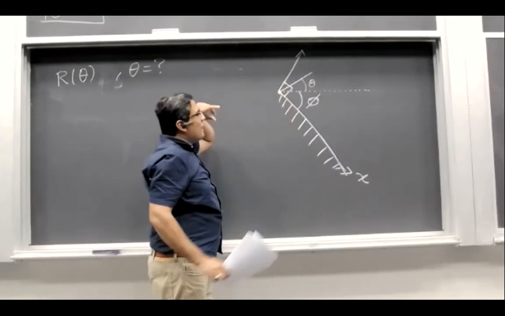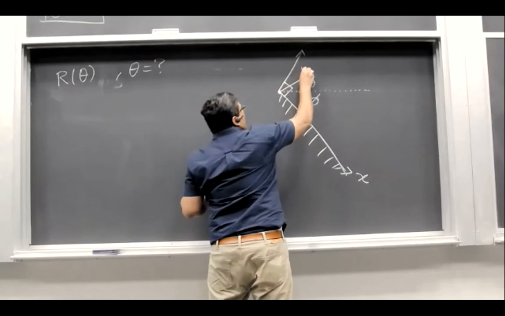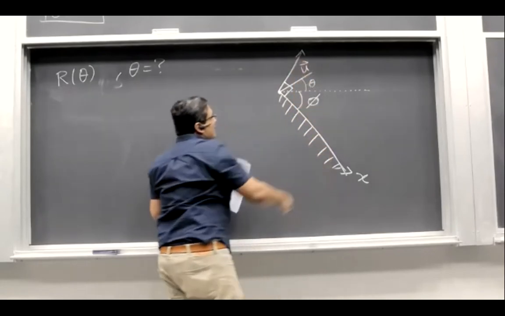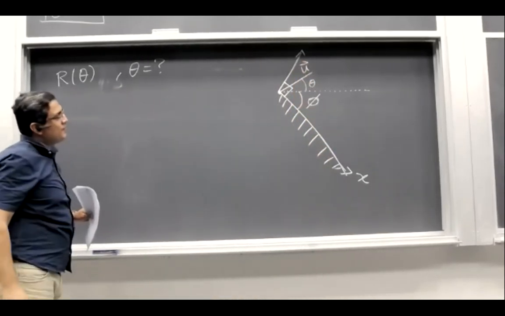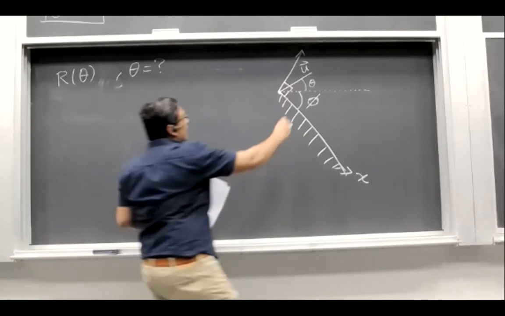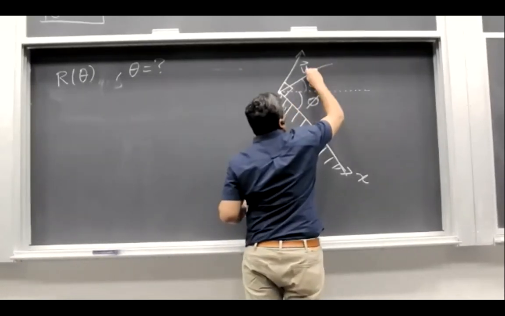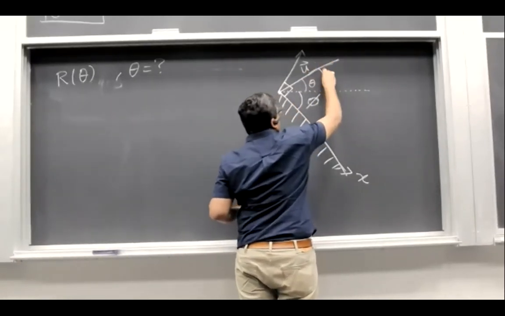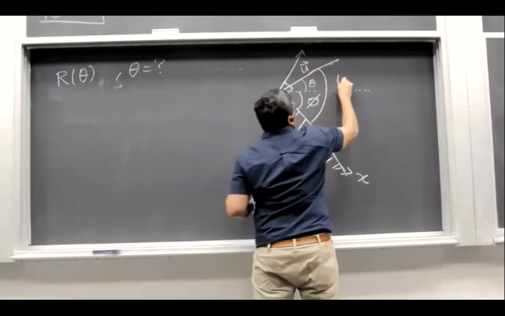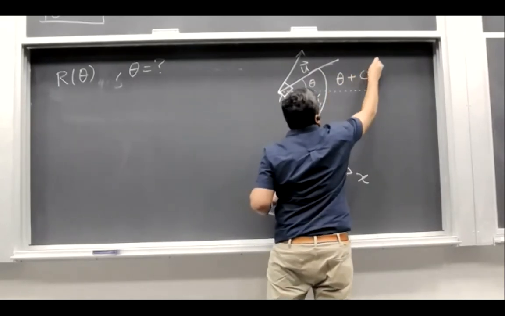What is the angle of velocity u, the initial velocity, with the x-axis? What is that angle? Yes, so the angle that velocity makes now is this, which is theta plus phi.